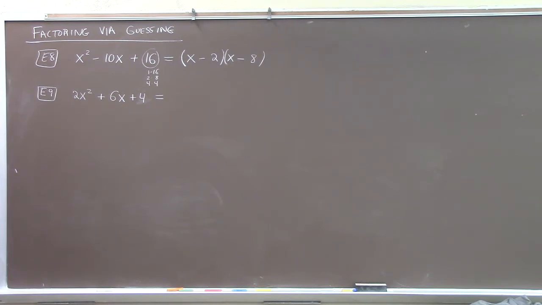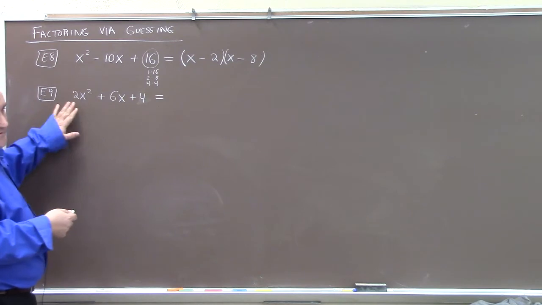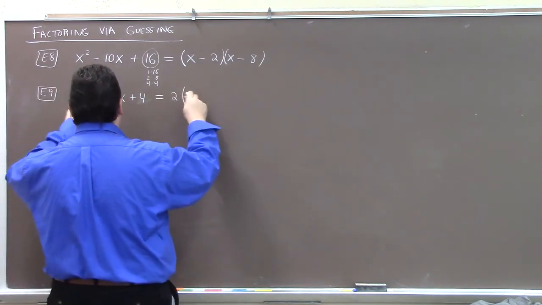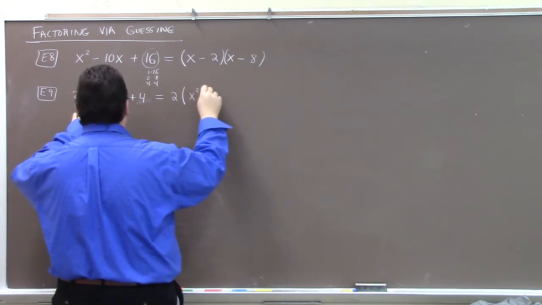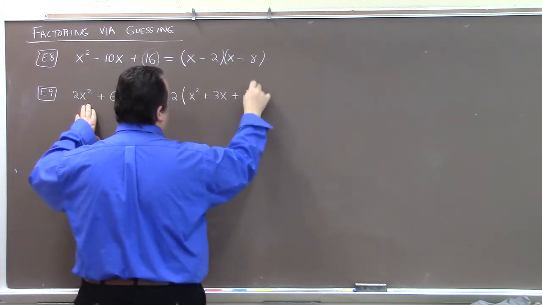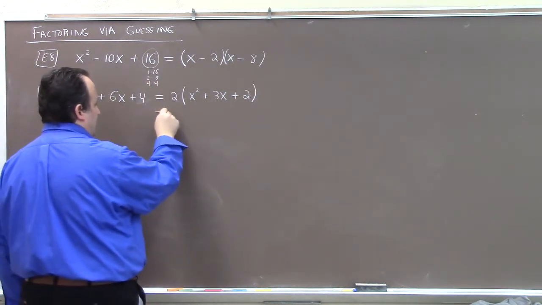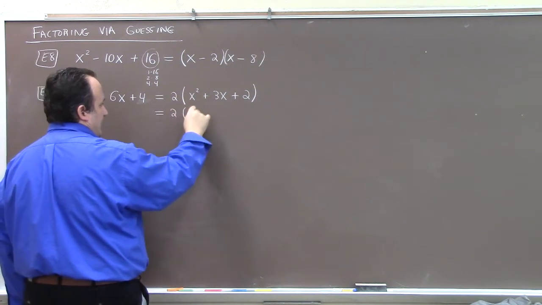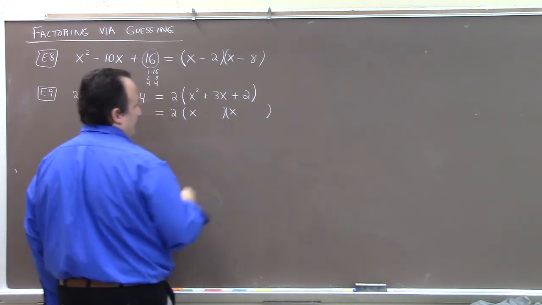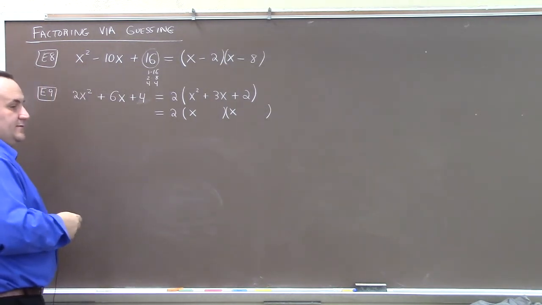All right. How about this next one? What I do when I've got a 2 like this is factor it out. So this is x squared plus 3x plus 2, because I prefer not to think about 2x squared if I can help it. And now I've got a pattern, and I'm trying to get 2 in the constant term.